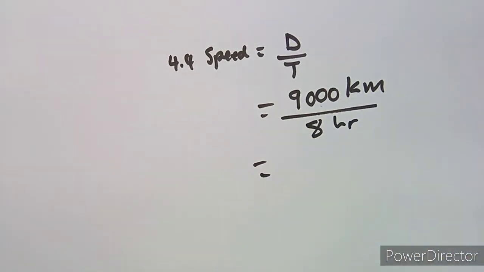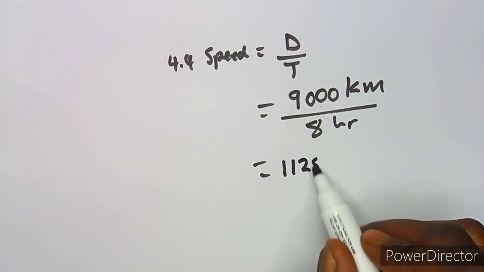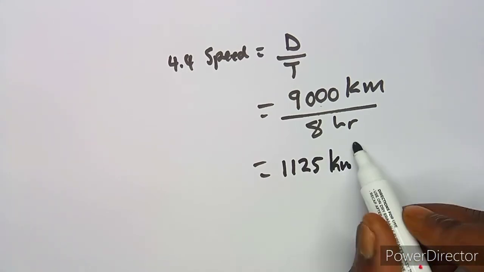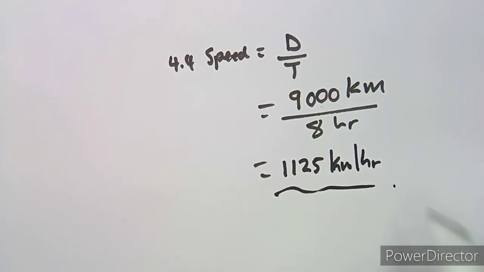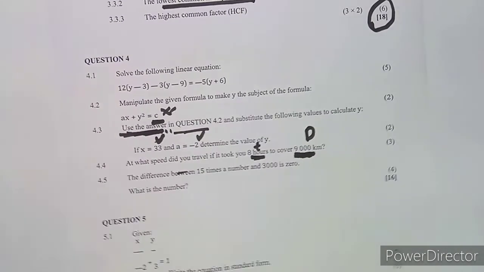So it's a matter of dividing, guys. 9,000 divided by 8. If you divide this properly, you're going to obtain 1,125 kilometers per hour.